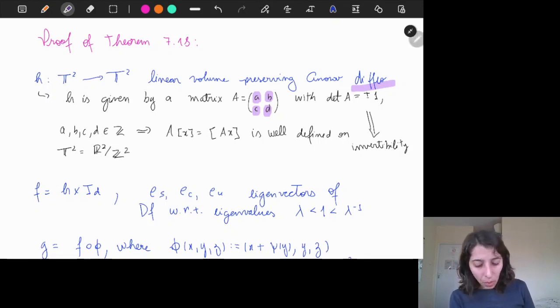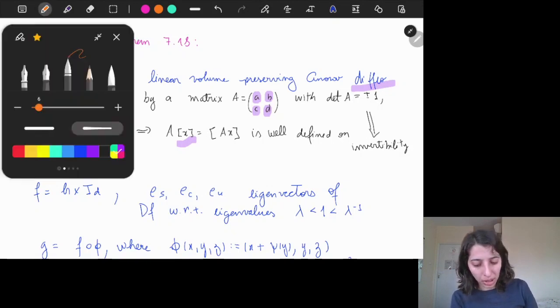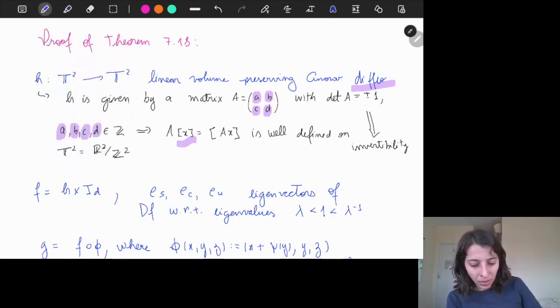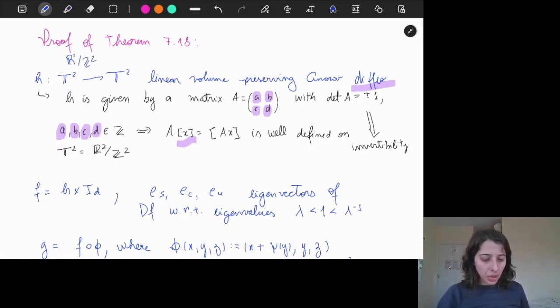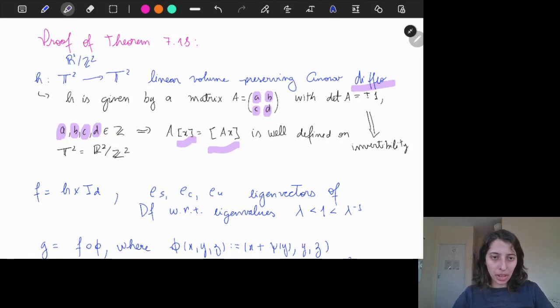Because when this matrix has integer entries, it preserves the class of x in the quotient, because our torus is the quotient of R2 by Z2. So it's a well-defined function on the quotient, because the entries of the matrix are integers. And this map will be invertible on the torus because of this condition on the determinant.